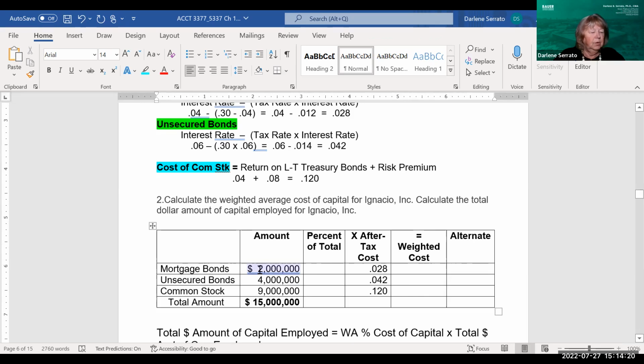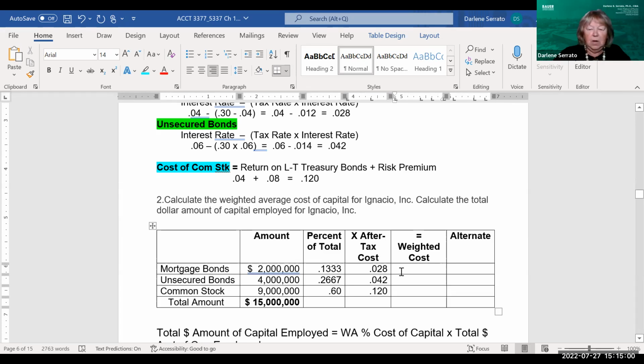So 2 divided by the 15 million gives us 0.1333. 4 divided by the 15 million, so it's double, so it's going to be 0.2667. 9 divided by the 15 million is 0.60. Okay. So the weighted cost, we're going to multiply the percent of the total times the after-tax cost.